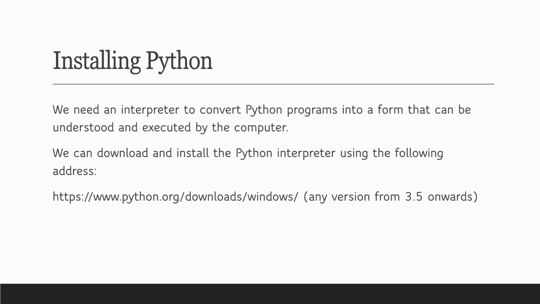We can download any version from 3.5 onwards, though newer versions are usually recommended. Once installed, the Python interpreter allows us to write programs, test them, and see the results instantly. With just a few clicks, you will be ready to begin your Python journey.